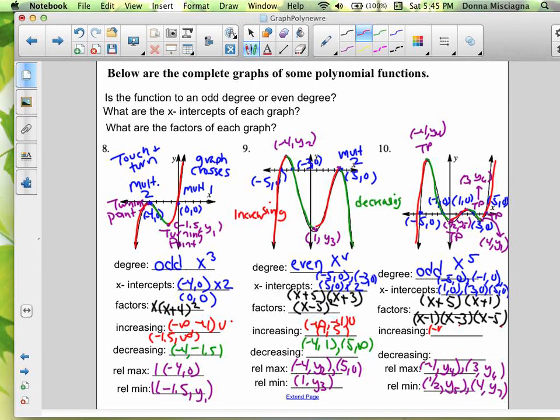Let's try that again. -infinity to -4, and 1/2 to 3, and 4 to infinity. Where the red is. And then we're decreasing just from -4 to 1/2.